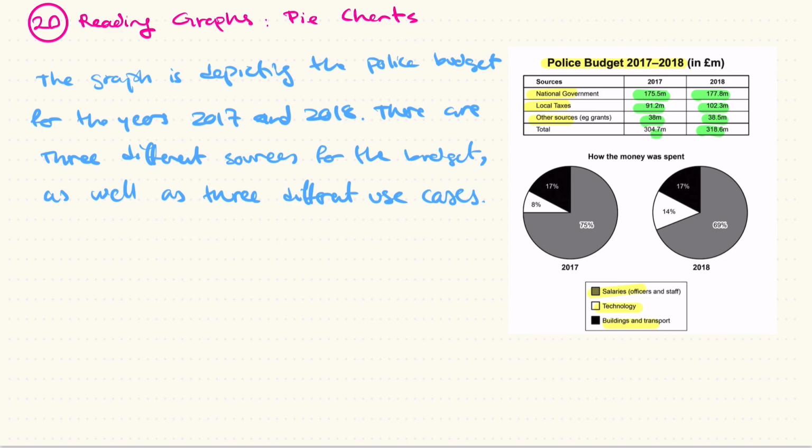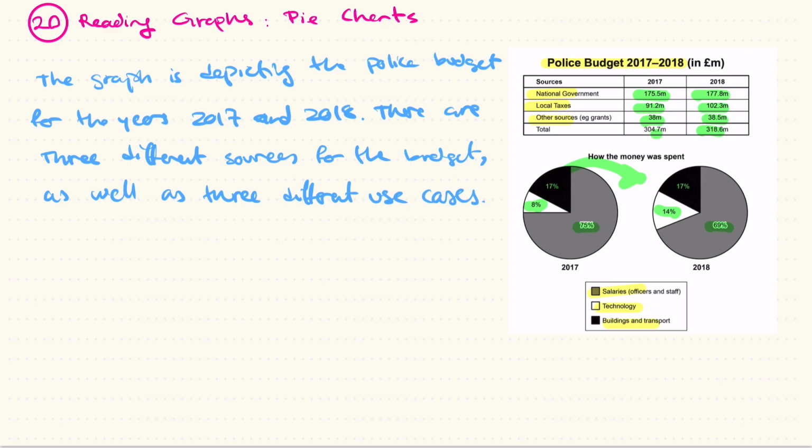So these are the details. What are the other details? For example, the salaries decreased from 75% to 69%. And the buildings and transport budget remains the same at 17%. And finally, the technology expenditure increased from 8% to 14%.